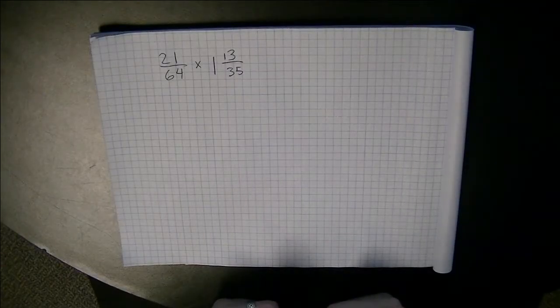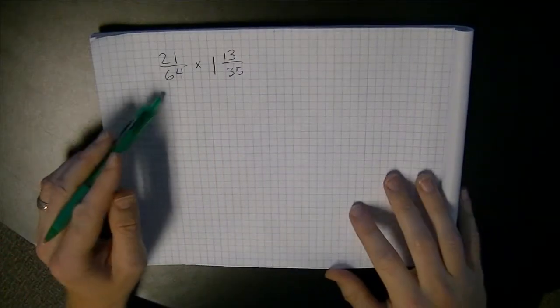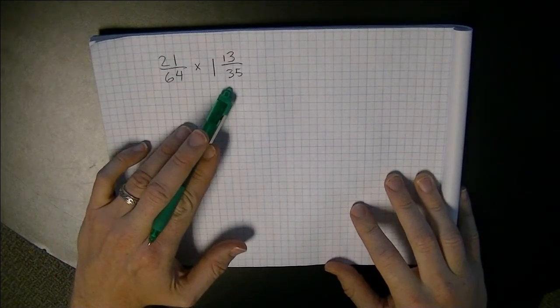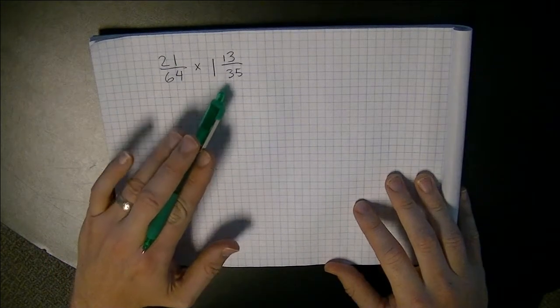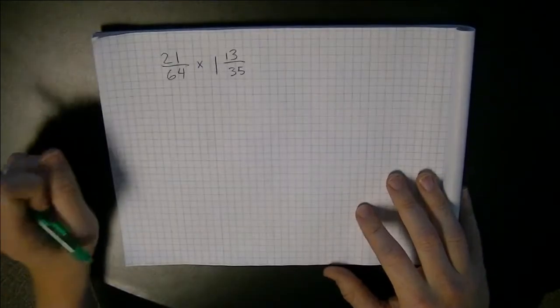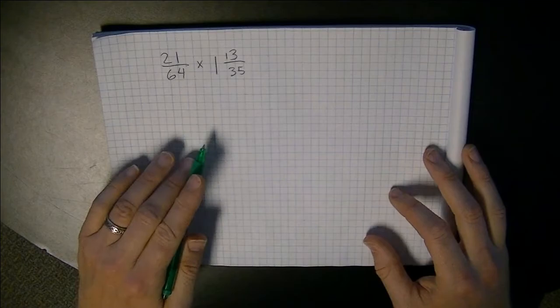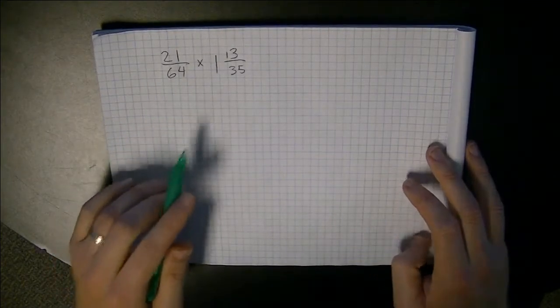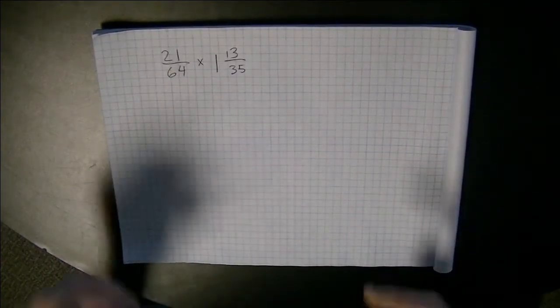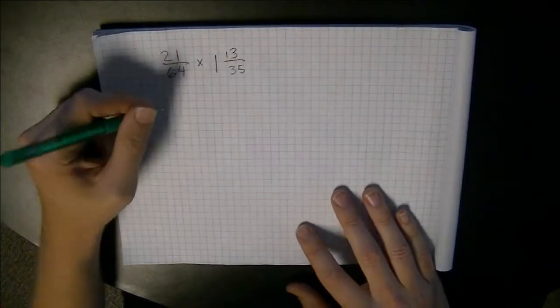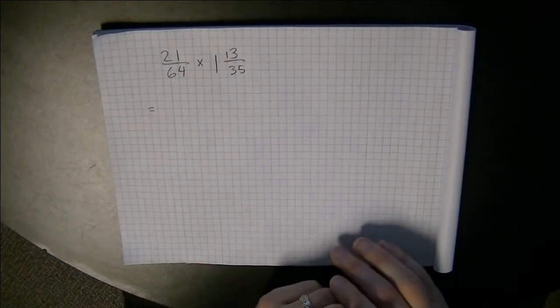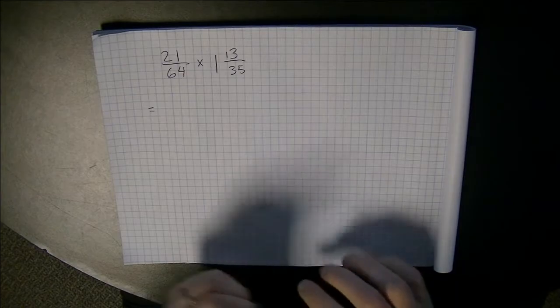Let's try this now. We have a mixed number involved here. When you're going to multiply with a mixed number, the first thing you want to do is not have a mixed number. You want to translate that into an improper fraction.